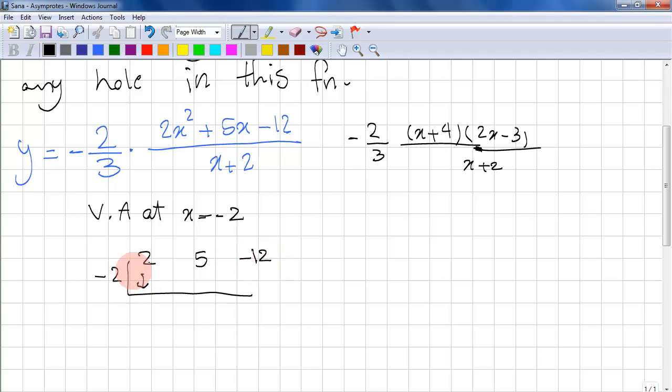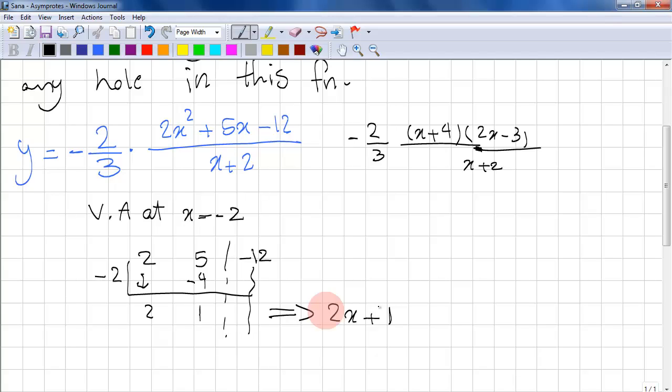We bring the first term down. 2 times -2 is -4. 5 minus 4 is 1. And we don't really care about this part. We only care about these two. And this will give us 2x plus 1.